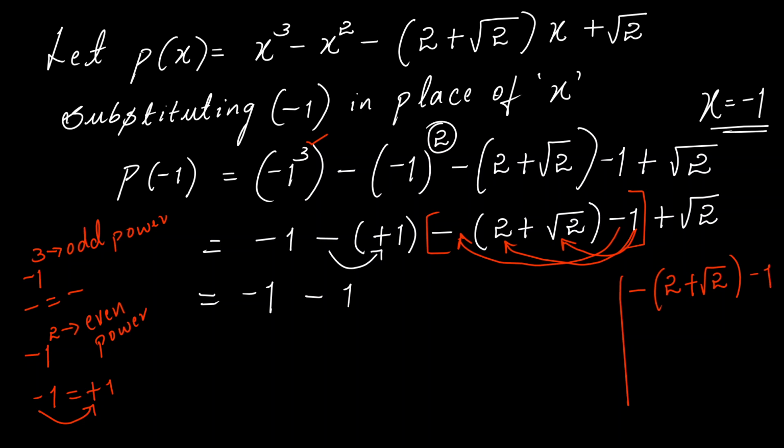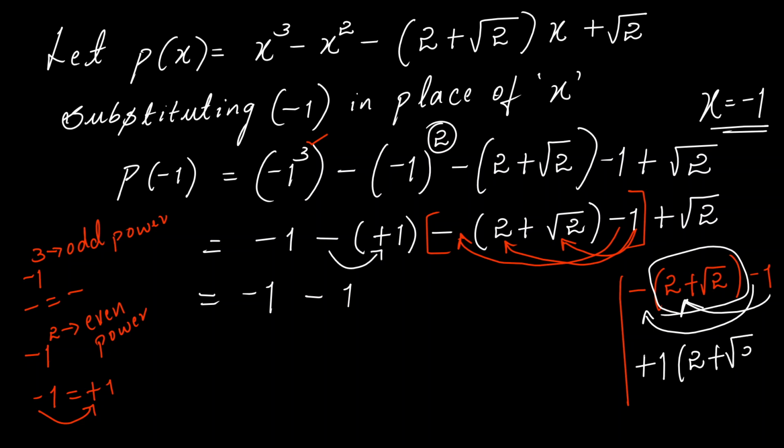Then plus root of 2. I'll repeat this step again. Here we have 2 plus root of 2 multiplied by minus 1. So we have two negative signs here. Here 1 minus and here there is minus. So minus into minus is plus and 1 multiplied by any number becomes that number. So I am writing 1 multiplied by 2 is 2 and 1 multiplied by root of 2 is root of 2. Hope this is clear for you.